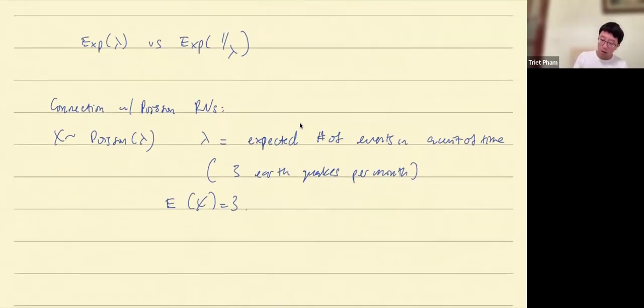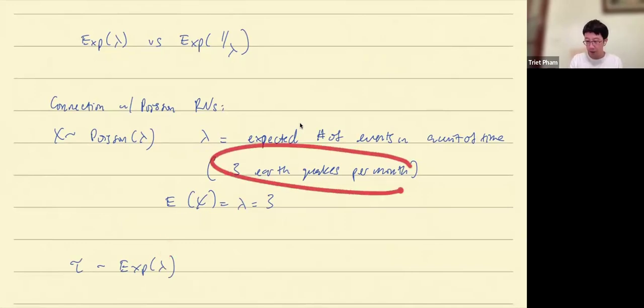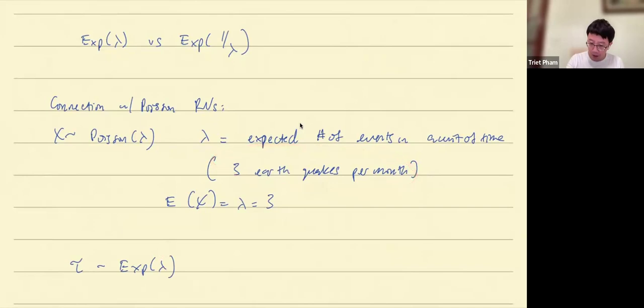On the other hand, now let me switch to a different notation. Let's say tau is exponential lambda. What does lambda here represent? Lambda here represents a rate. So another name for lambda is the rate, because it's 3 per unit of time.